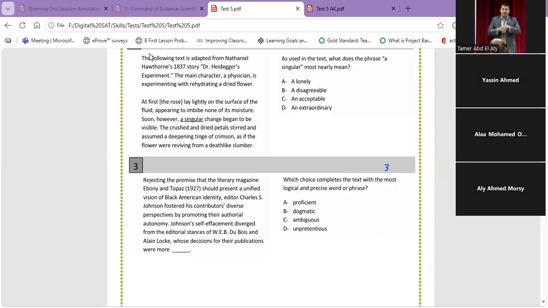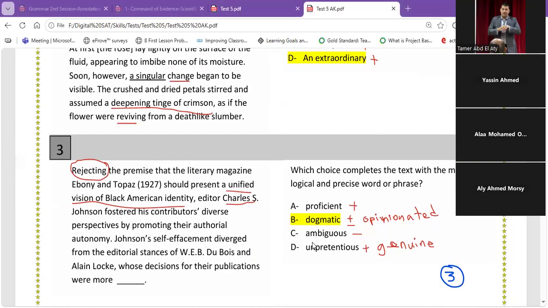Okay. Unfortunately, this question, I don't know if it starts to be hard or not. But I have 1, 2, 3. 3 got it wrong: Ali Morsi, Nardeen, and Ala. Let's find out.